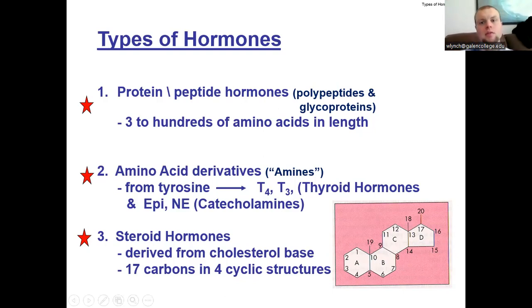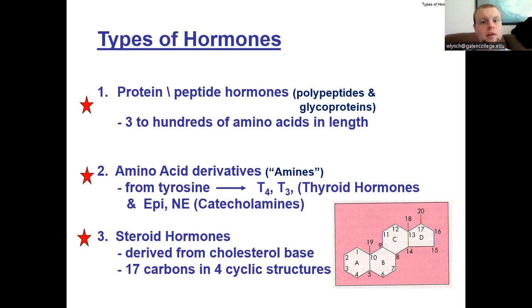The protein or peptide hormones are classified as polypeptides or glycoproteins, and they can range from 3 to even thousands of amino acids in length. Ones that are derived from amino acids are not technically protein or peptide hormones because they're not the proper amino acid structure anymore.